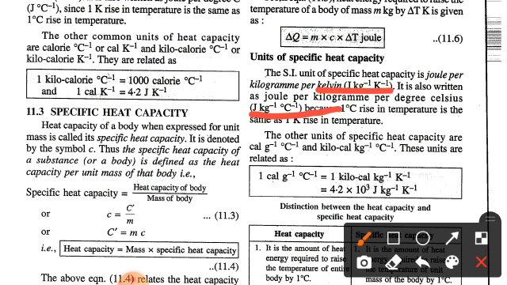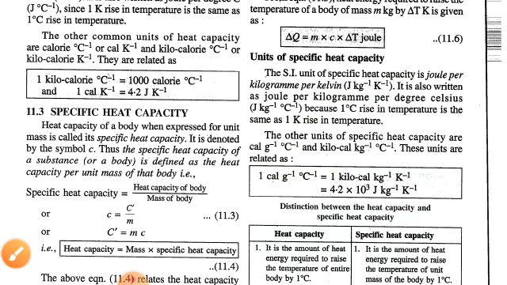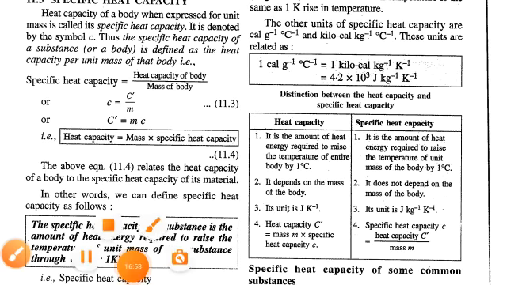The other units of specific heat capacity are calorie per gram per degree Celsius and kilocalorie per kg per degree Celsius. These units are related as follows: 1 calorie per gram per degree Celsius equals 1 kilocalorie per kg per Kelvin, or 4.2 into 10 to the power 3 joule per kg per Kelvin. Clear? So, this is the unit of specific heat capacity.